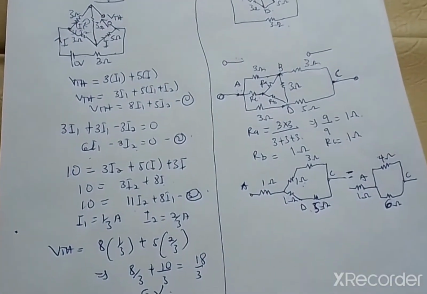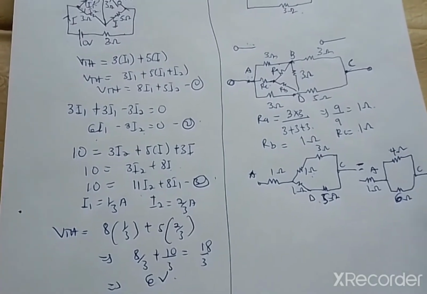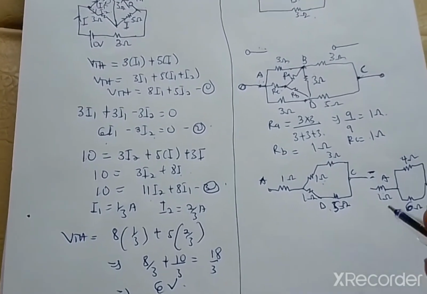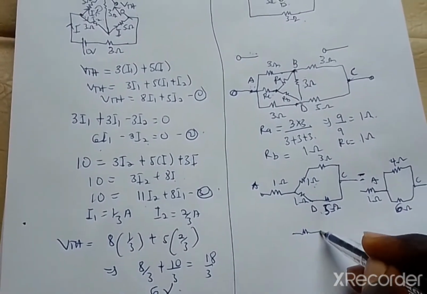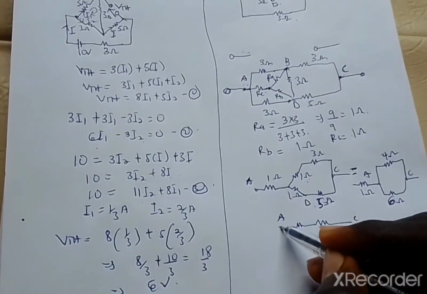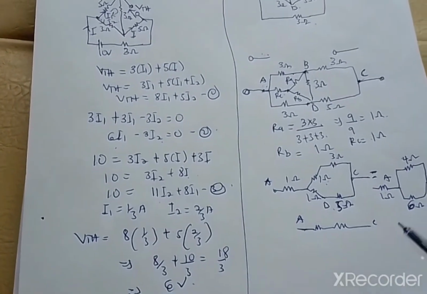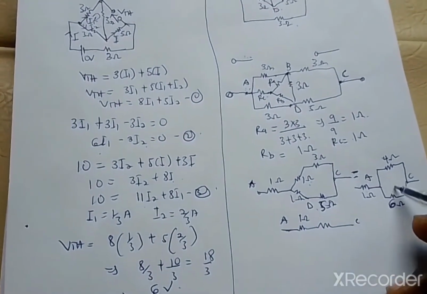So now 4 ohm and the 6 ohm are now in parallel. So to find the parallel combination, we are going to finally redraw the circuit as this, where C and A, the terminals, are simplified this way. So here will be our 1 ohm, and here will be the parallel combination of 4 and 6.